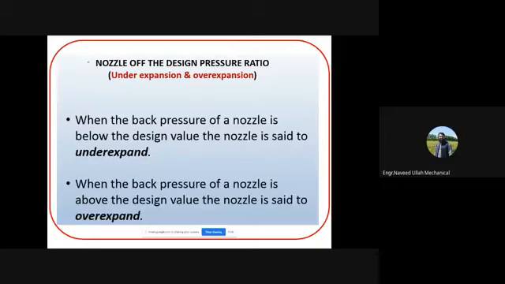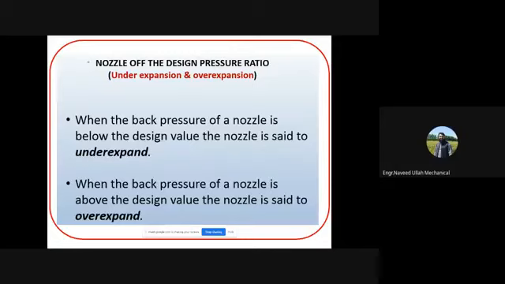So, what is the critical pressure? Obviously, it is the pressure value when the sonic velocity is obtained inside the nozzle. If you take the ratio of that critical pressure to the inlet pressure, that is your critical pressure ratio.